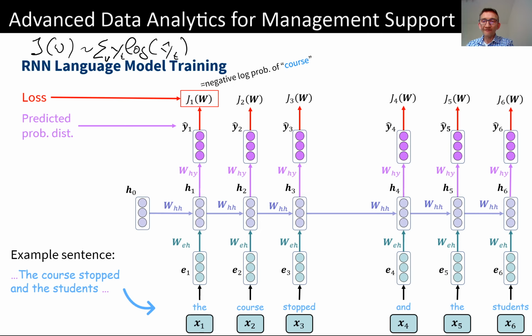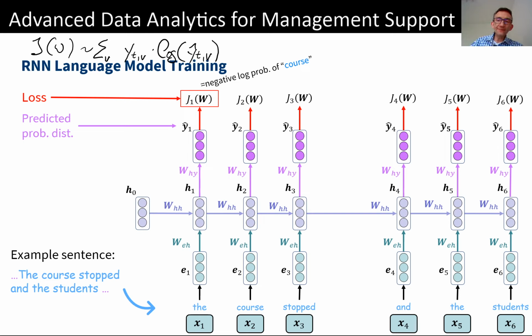We would have y_t,v. It's maybe time to grant me a little more space. So we have y_t,v times the log of ŷ_t,v.